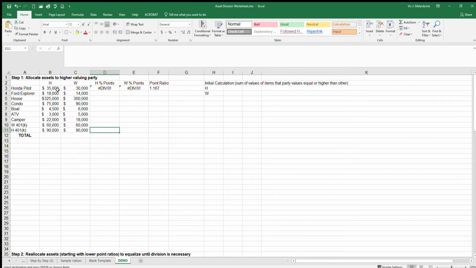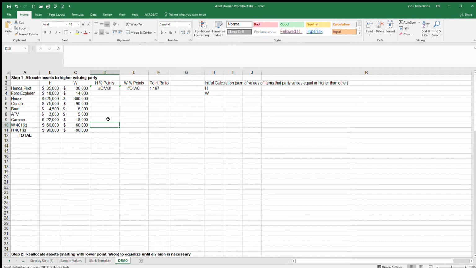All right, so once we have all these numbers and each of the parties have submitted their valuations for each of the assets, you put those in here, and the next step is to turn it into what I call percentage points. Essentially what you need to do is take these values and convert them to a 100-point scale.